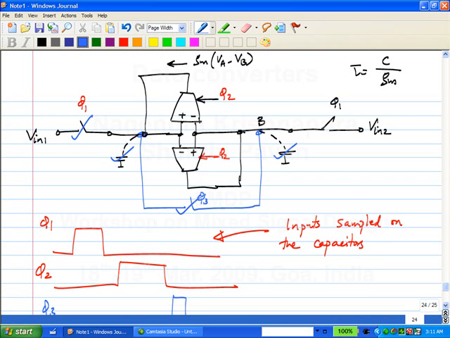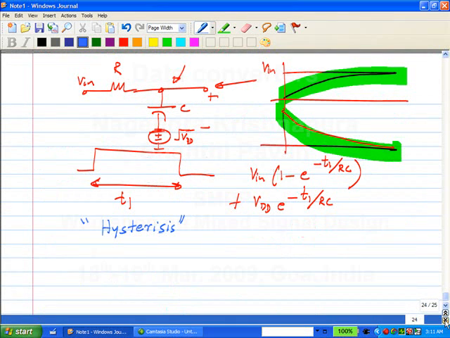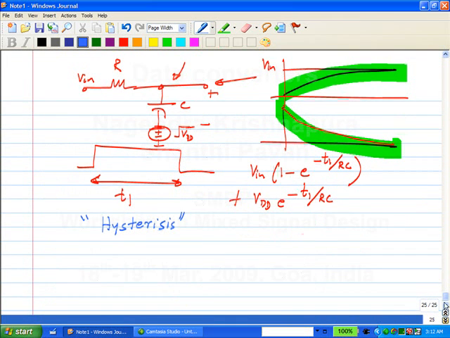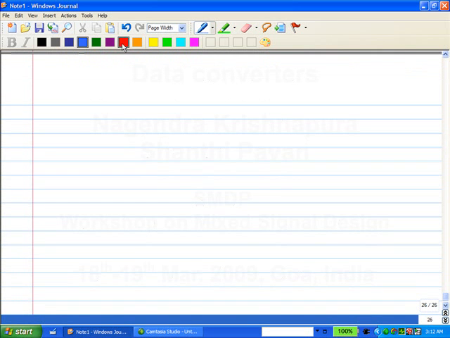is the transconductors, and this is not just any old transconductor. You need to be able to turn it off. So let's see if we can use anything that we have learned, any prior knowledge. Let me not give away the answer.